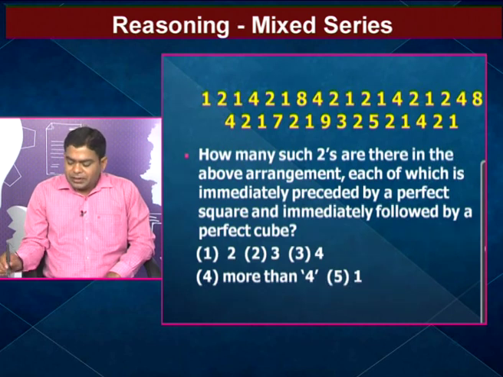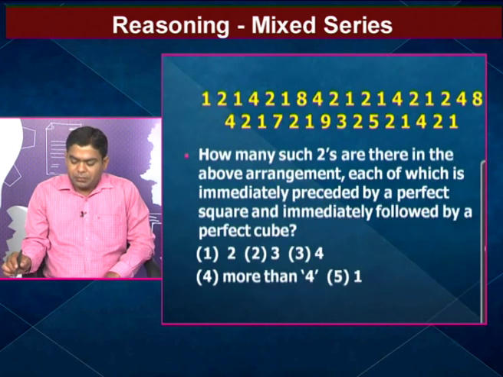So our 2 must be followed by a 1 or 8. We go to each 2 and verify the left side and right side. If 1 is on the left and 1 is on the right, we count it. If 4 is on the left and 1 or 8 is on the right, we count that 2.